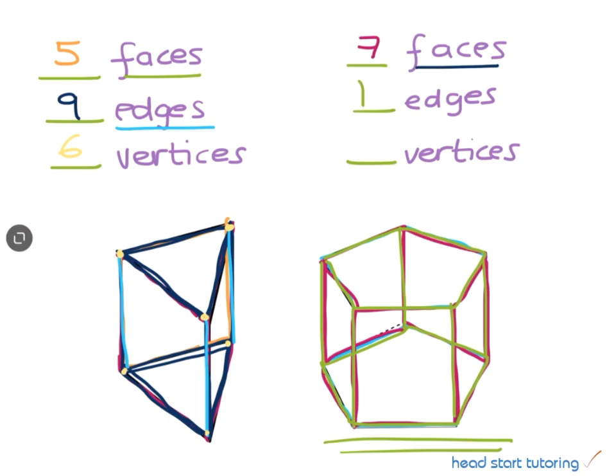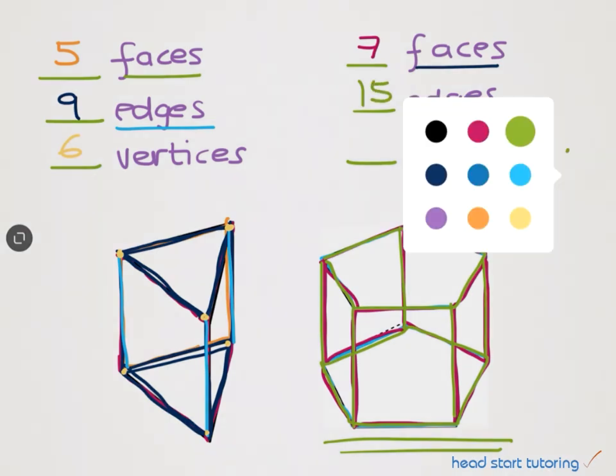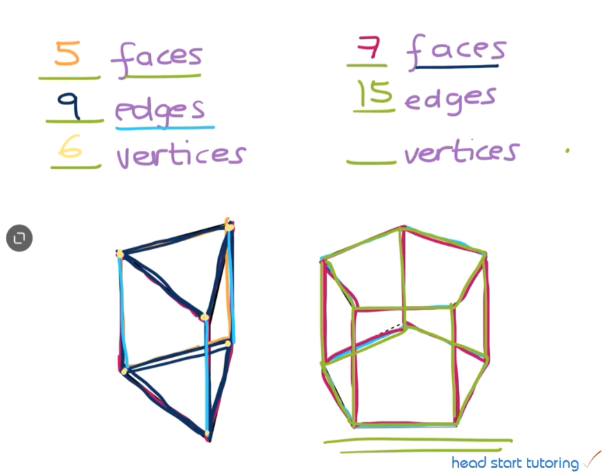So that gives us 15 edges all together in our pentagonal prism. Right, let's have a look at how many vertices our pentagonal prism has. We've got 1, 2, 3, 4, 5, 6, 7, 8, 9, 10 vertices in our pentagonal prism.